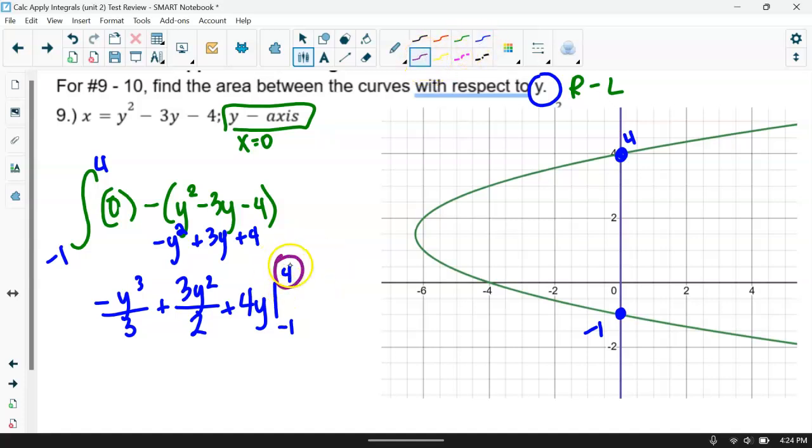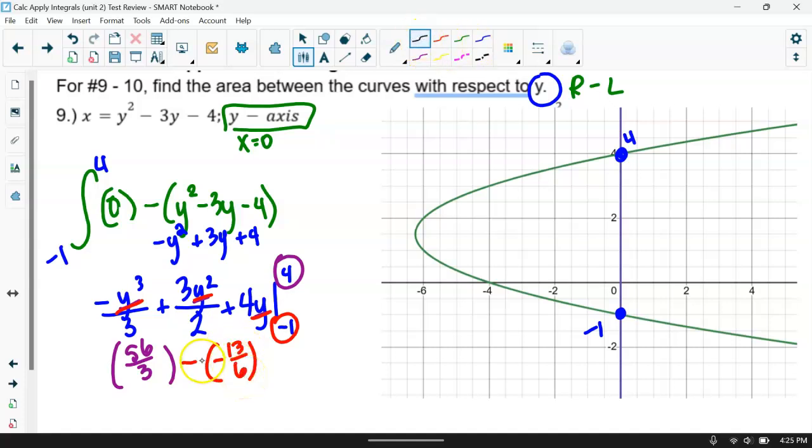So now substitute 4 in for y. When you substitute 4 in for y, you should get, and make sure you practice, right? You should get 56 over 3. Then minus, then substitute -1 in for y. Again, practice, and you should get -13 over 6.